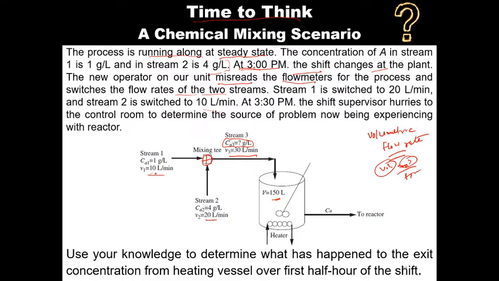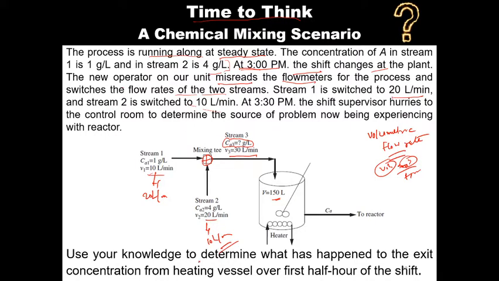Means what you have done, 10 को आपने 20 लीटर पर मिनट कर दिया और 20 को आपने 10 लीटर पर मिनट कर दिया. Concentration you have not changed, but only you have changed the volumetric flow rates, switched. Okay, it means you have switched stream 1 to 20 liter per minute and stream 2 to 10 liter per minute, what I have told.